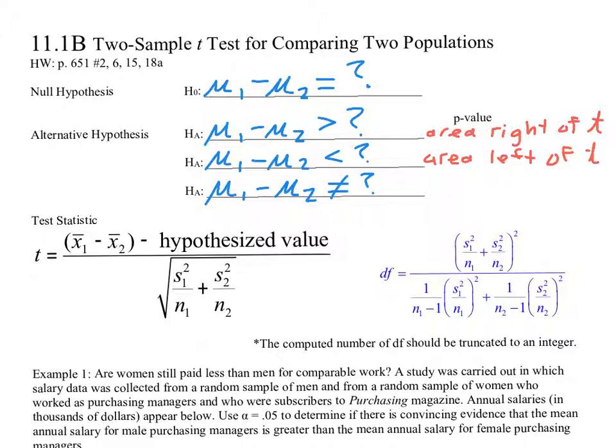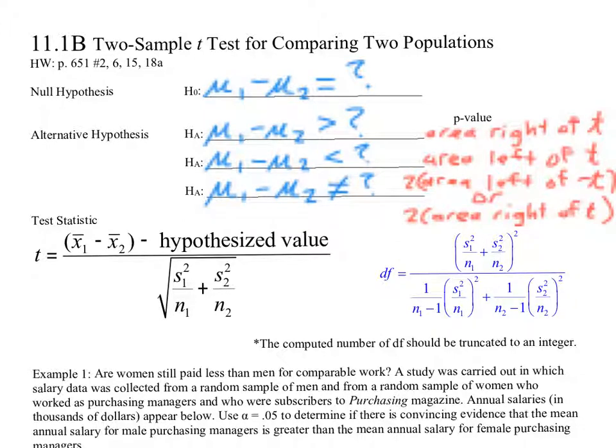It could be the area left of negative t, or it could be, well, I should say 2 times this area, or it could be 2 times the area right of t, or it could even be the area left of negative t plus the area right of t.